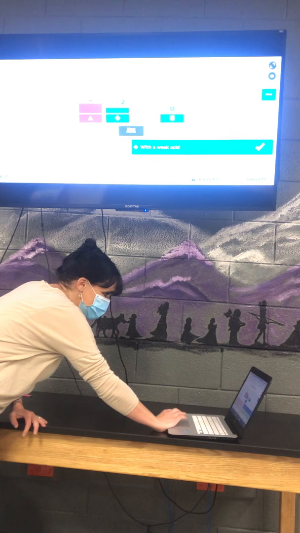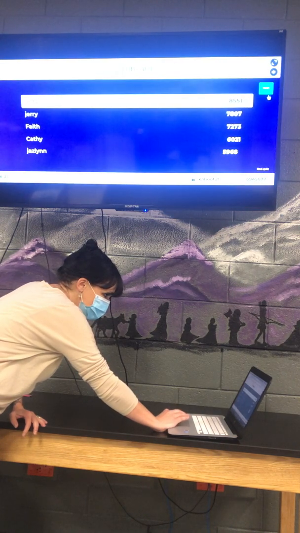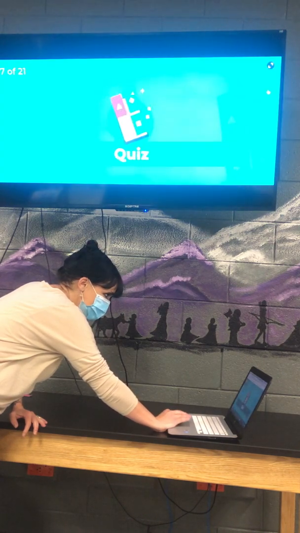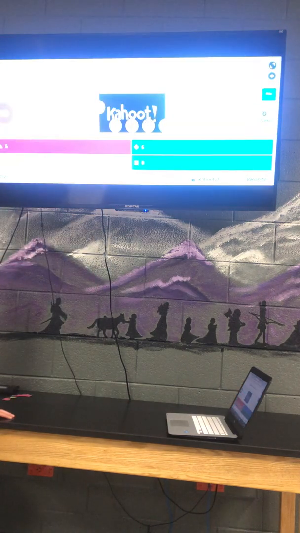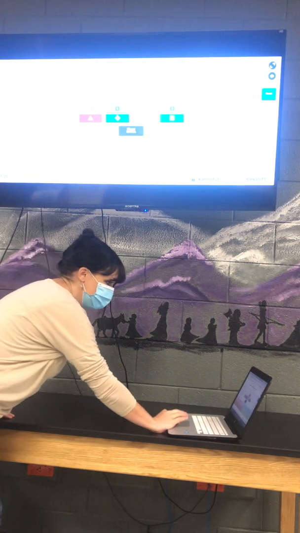A weak acid is the best way because it's easier to calibrate, but you can do it with both. Which number on the pH scale represents neutral? We just went over this one. Okay, so 7 is neutral.